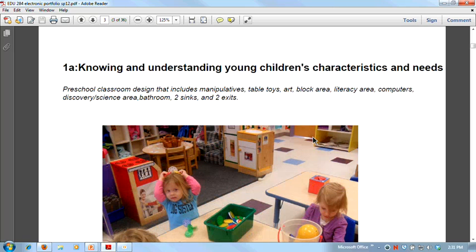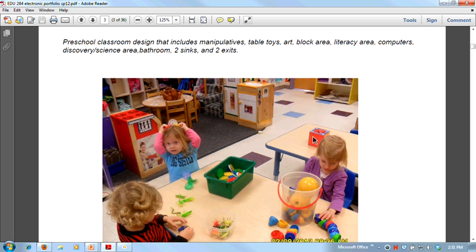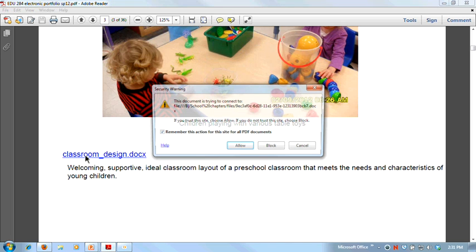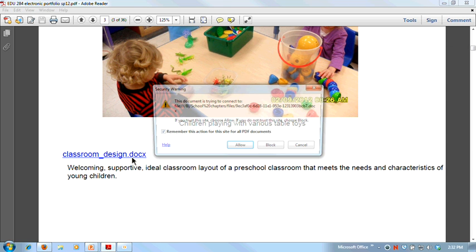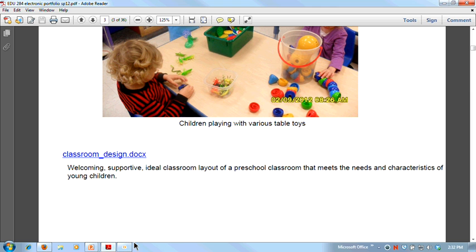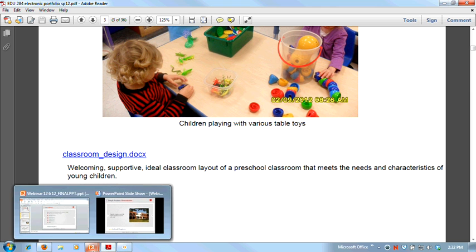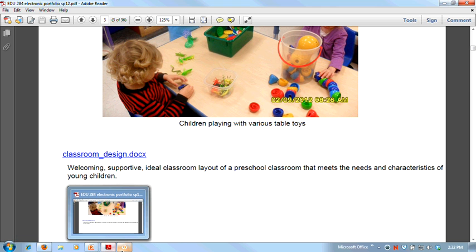So when she has this portfolio to share at a job interview or perhaps as admission into another college, they'll see, well gosh, this student actually worked with young children. That's a plus. So then she can click on the file, and the design that she did will, I'm sure, open here in just a minute.